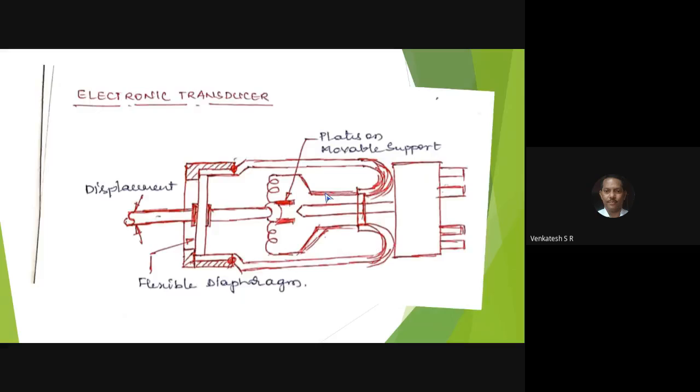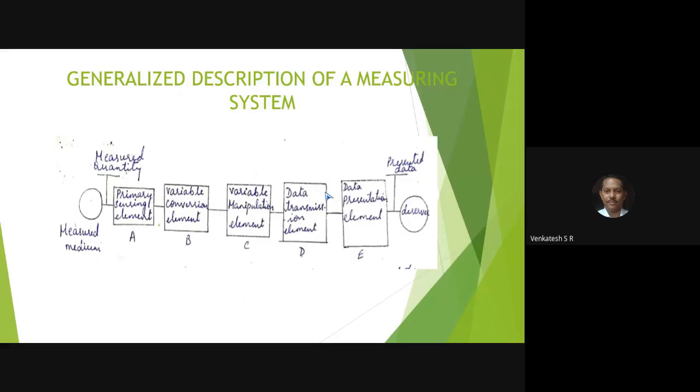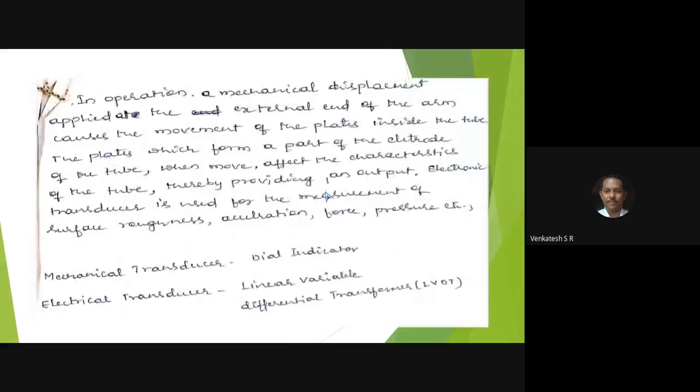The transducers are classified into mechanical transducer, electrical transducer, and electronic transducer. The mechanical transducer is the dial indicator. All of you have seen the dial indicator, which we use in the metrology lab for the measurement of taper and other measurements. In the electrical transducer, this is very important.